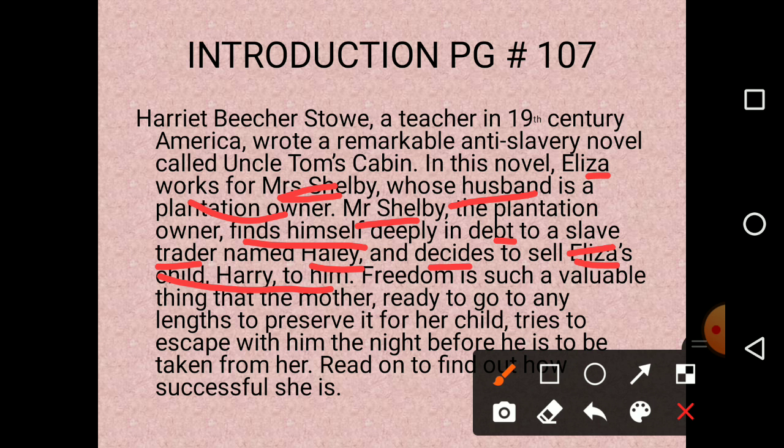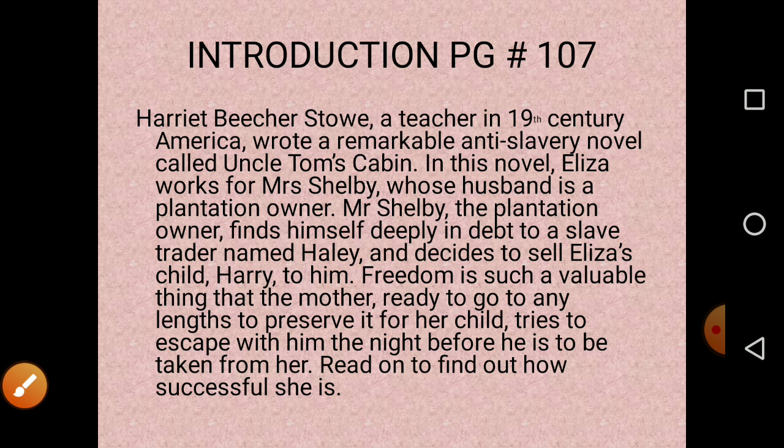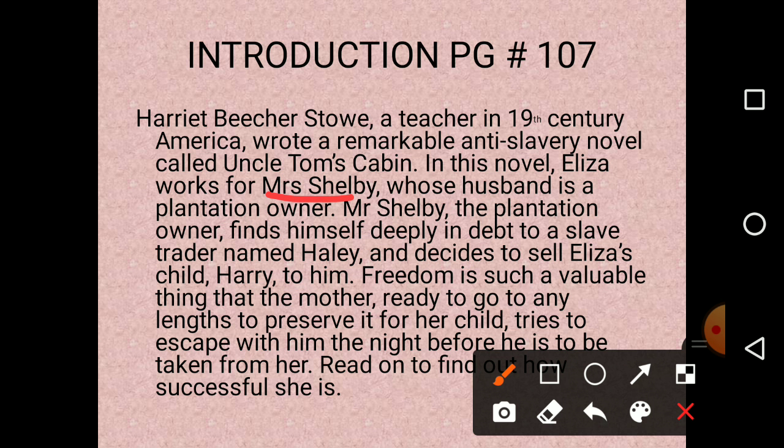Now you have to understand the situation. Mrs. Shelby is the wife of Mr. Shelby, Mr. Shelby is the plantation owner, and he has taken the loan from Heli. Okay? And now he has to pay Heli the money back. Now Eliza is Mrs. Shelby's servant.